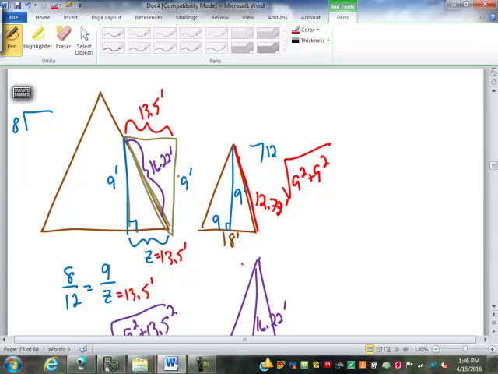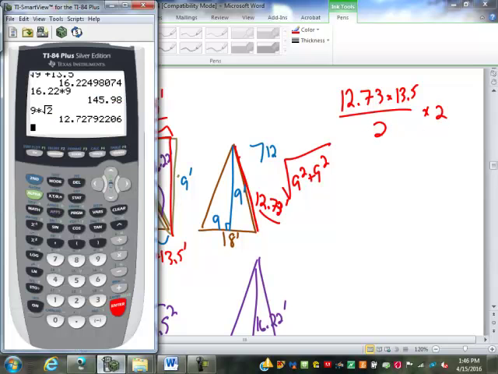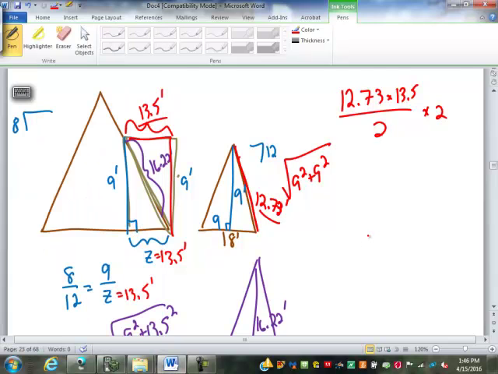Correct? So the area of the triangle there will be 12.73 times 13.5, divided by 2 because it's a triangle, then of course times 2 because there's one on the other side. So I'm just not going to bother dividing by 2. I get 171.83.